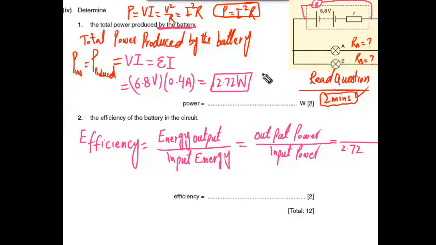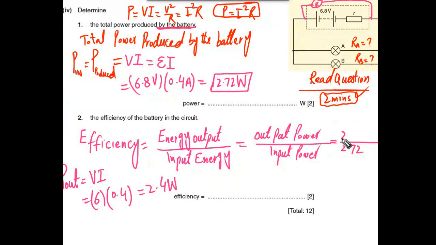So I will write down P out, and that is equal to VI again. So V in this case is 6, multiplied by the total current, that is 0.4. So we have 6 multiplied by 0.4, so we will get 2.4. So this is 2.4 watts.